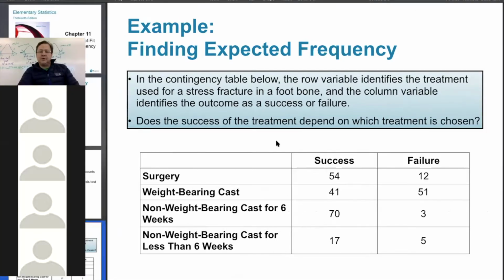Well, it looks like when I look at surgery, there's 54 successes and 12 failures. That seems pretty good. Except for the weight-bearing cast, there were more failures than successes, so maybe that's not a good idea. But everything else has more successes than failures. This is where I'm just going on an intuitive level when I say that.